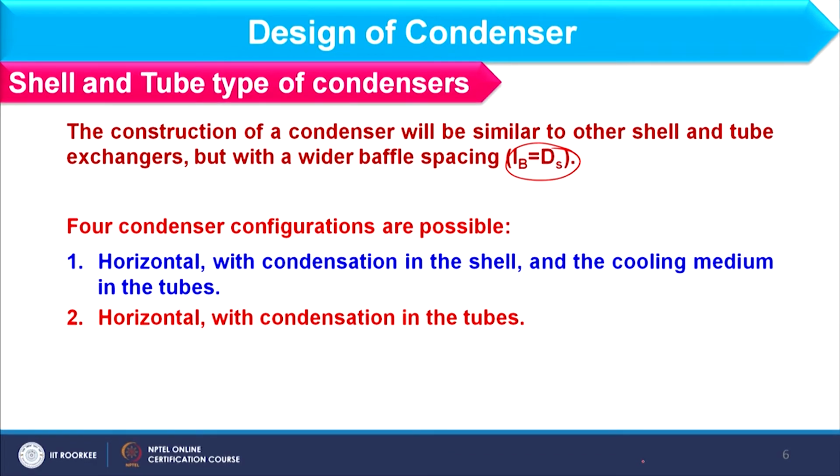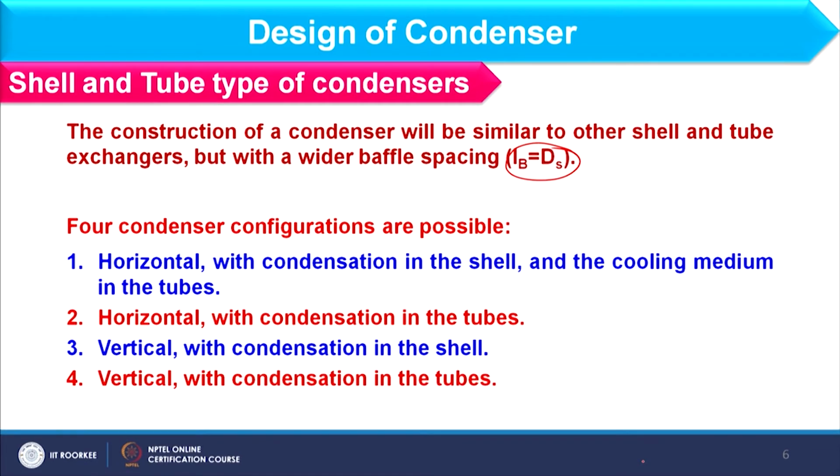In the similar line, vertical condenser where condensation is in shell side, and vertical condenser where condensation is in tube side. So, we have 4 configurations as you can observe here.